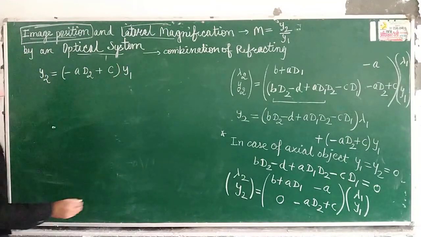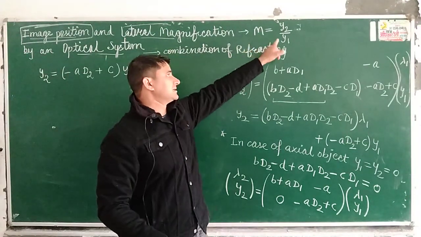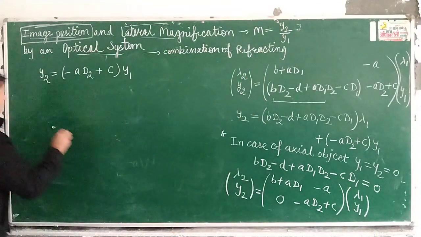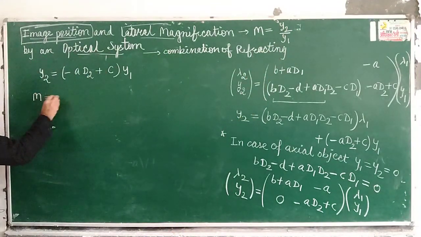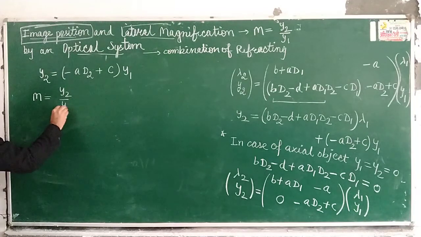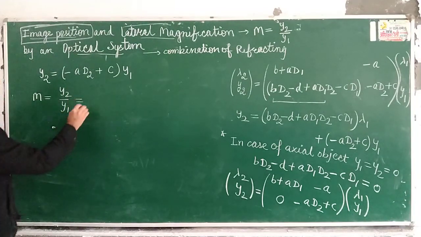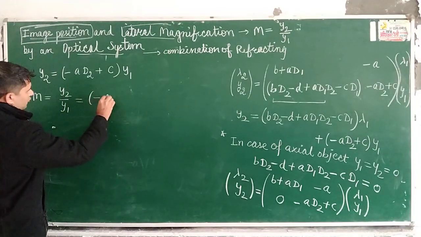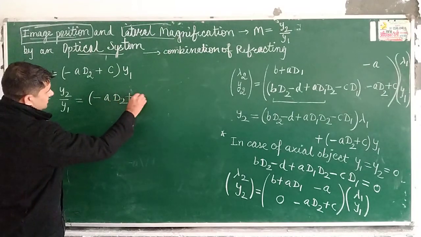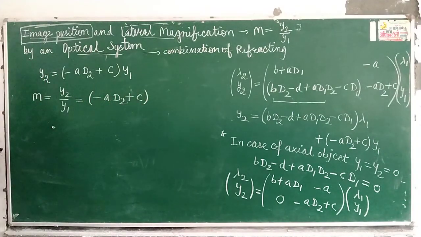And from here we are to find what? Magnification, that is the ratio of y2 and y1. So the magnification is y2 by y1, and this will be equal to minus of a d2 plus c. Okay, so this is the thing.